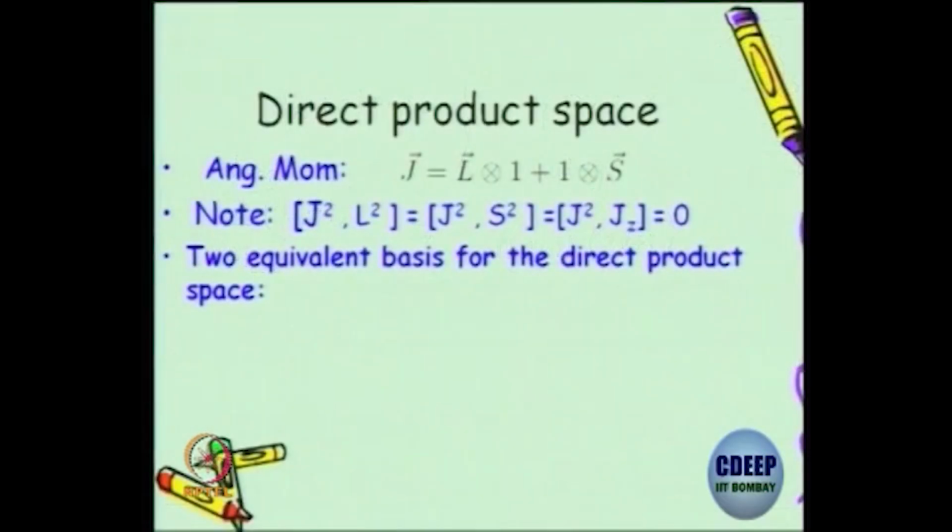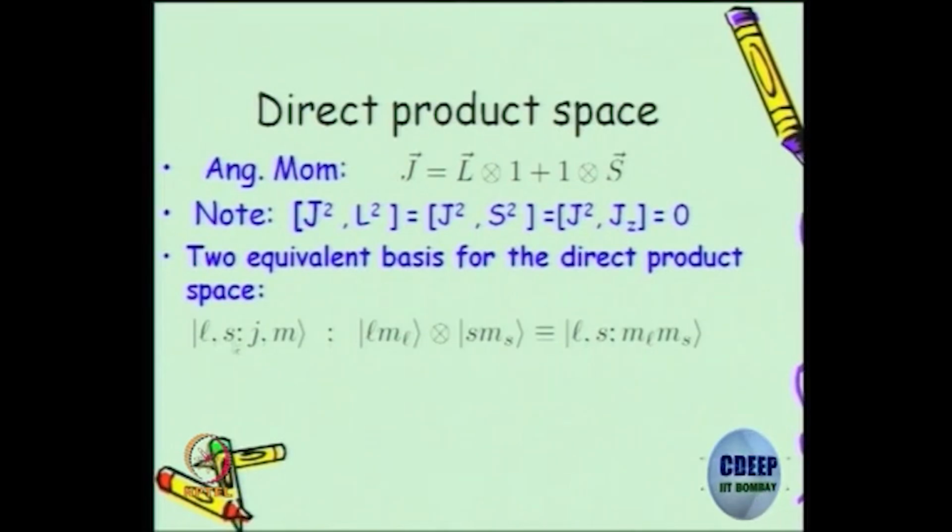So two equivalent bases for the direct product space. One is what I called a coupled basis. The other one is the direct product basis, which is also called an uncoupled basis. Most of the books, once they start saying I'm going to look at a specific particle with orbital angular momentum L equal to 1 and S equal to half, may suppress this L and S on both coupled and uncoupled basis.